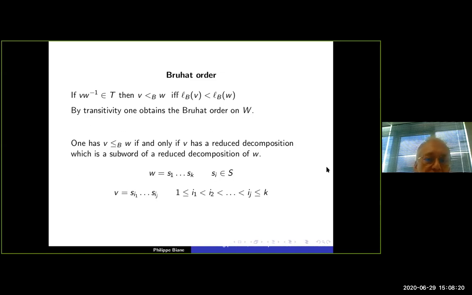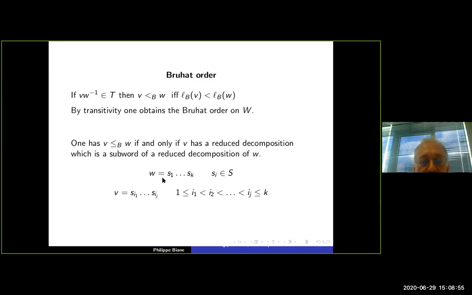Again, there is another characterization which is more convenient. This one characterizes only the cover relation in the Bruhat order. But if we want to compare two elements which are quite far apart, we have a more convenient characterization of this order, which is the following. v is smaller than w if and only if v has some reduced decomposition which is a subword of a reduced decomposition of the larger element, w.